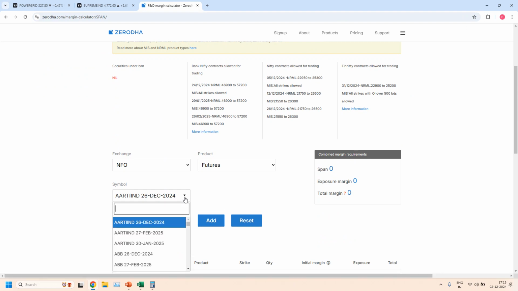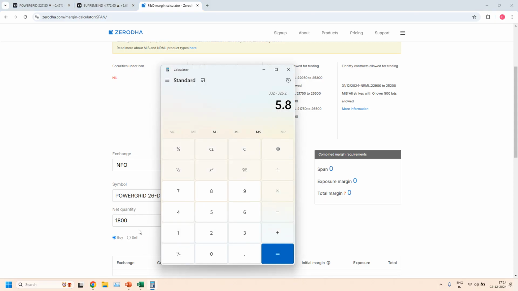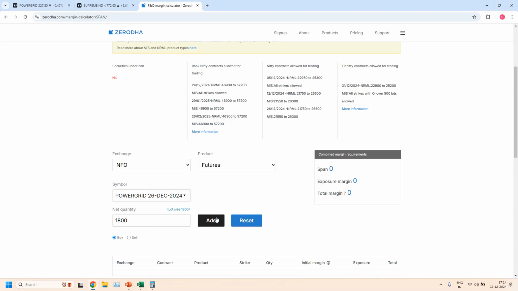And here POWERGRID, December futures, it is 1800. So into 1800, you would have got 10,440 rupees profit. Margin is $1,12,190.